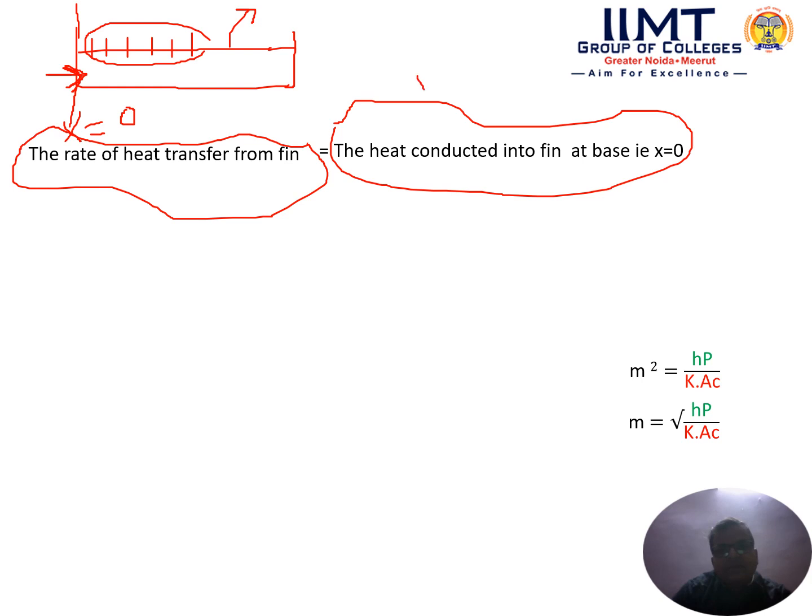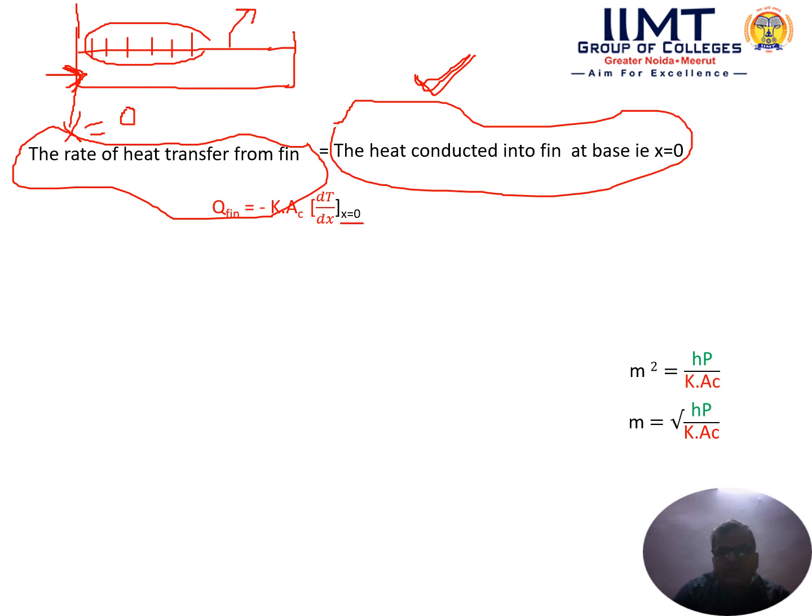Then by using this we can easily calculate. The rate of heat conduction basically depends upon Fourier's law of conduction. That means Q fin is equal to minus kAc dT by dx at x is equal to 0.